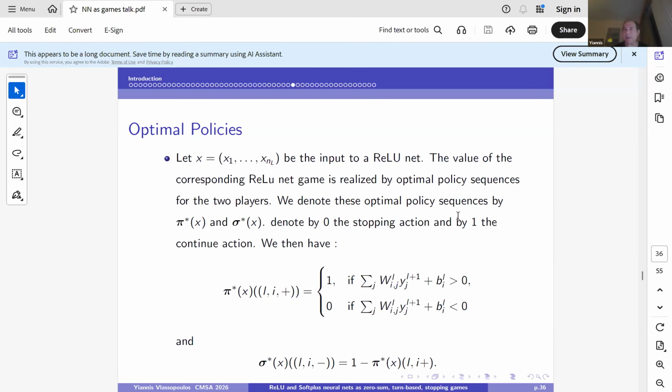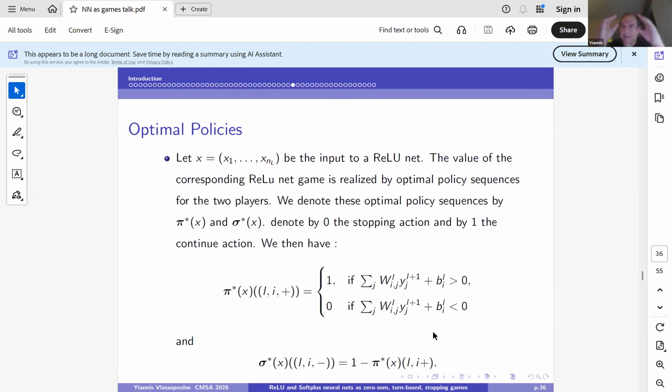When you do this very simple calculation, which is really just elementary, and you can see it in the paper, you get precisely that the optimal policy is what the ReLU gives you. In other words, the optimal policy is to continue if the ReLU output is a positive number, and if the ReLU output is zero, because this quantity is going to be negative, the optimal thing is to stop.